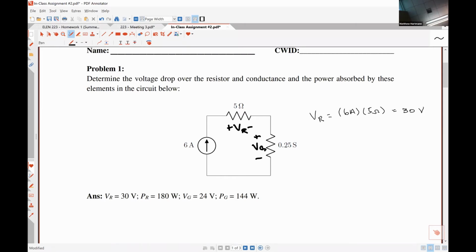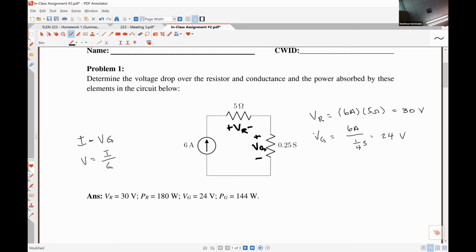For our conductance, we know that I is equal to V times G. We're trying to find V, so V is equal to I divided by G. So VG is 6 amps divided by 1/4 of a Siemens. 6 divided by 1/4 is the same as 6 times 4, which is 24 volts, with the polarities that we've chosen here.